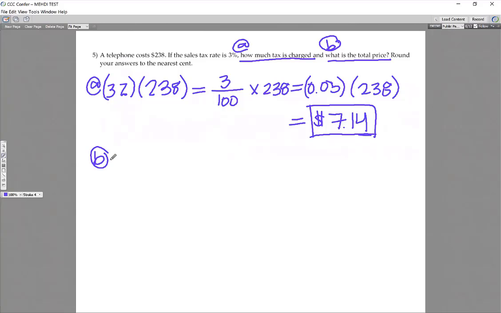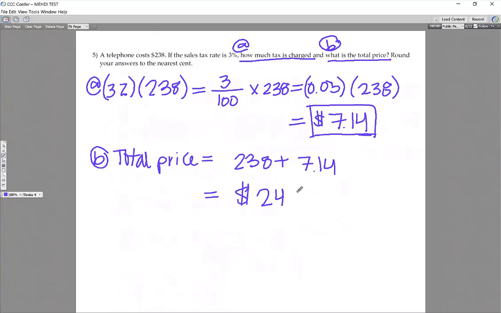Now for part B, we're asked for the total price. So the total price is going to be the telephone cost at $238 plus the tax at $7.14. And we plug that into our calculator and we get $245.14 exactly.